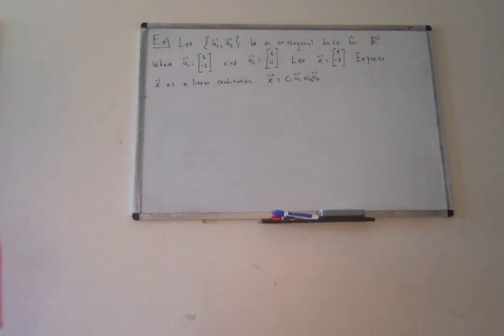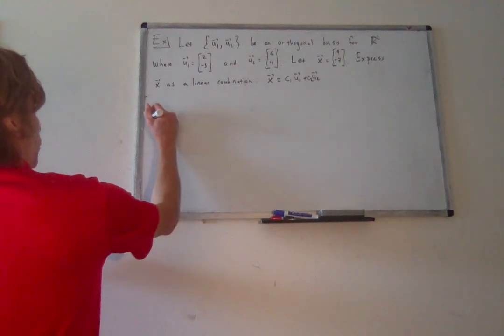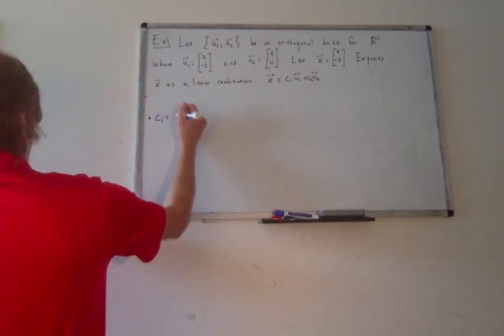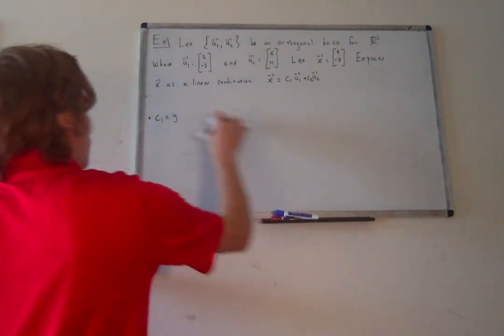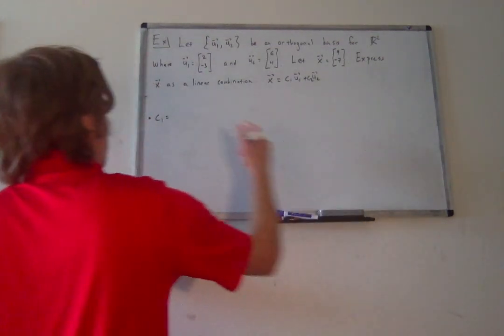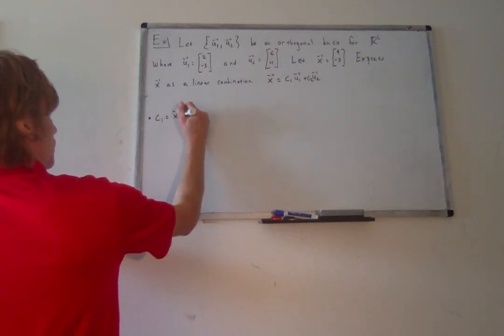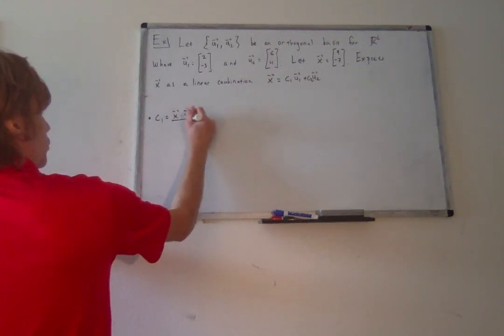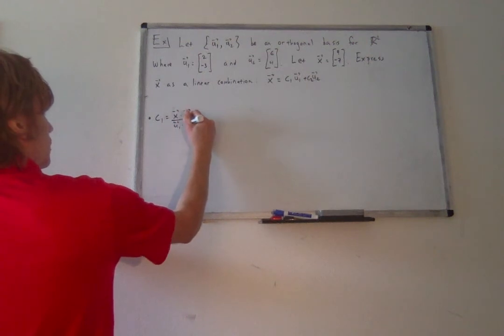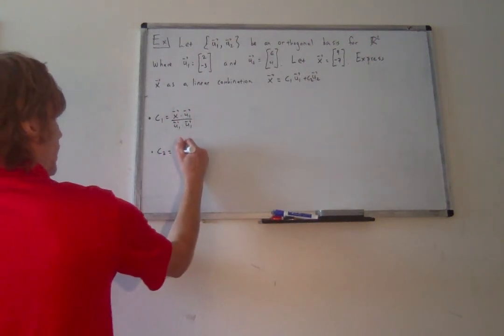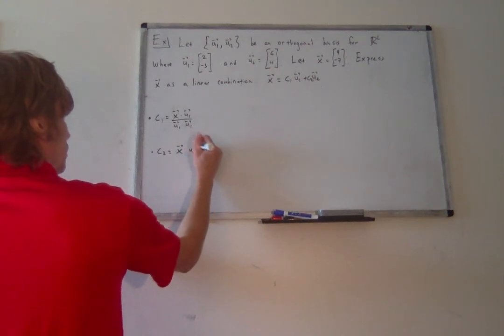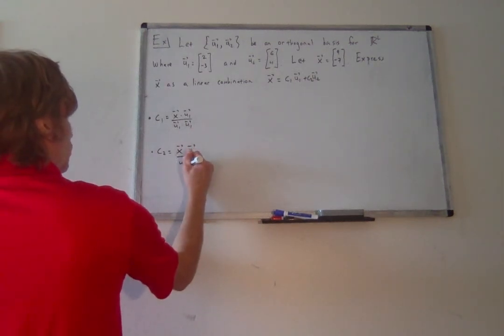So our newest theorem tells us that c1 is equal to x dot u1 over u1 dot u1, and that c2 is equal to x dot u2 over u2 dot u2.